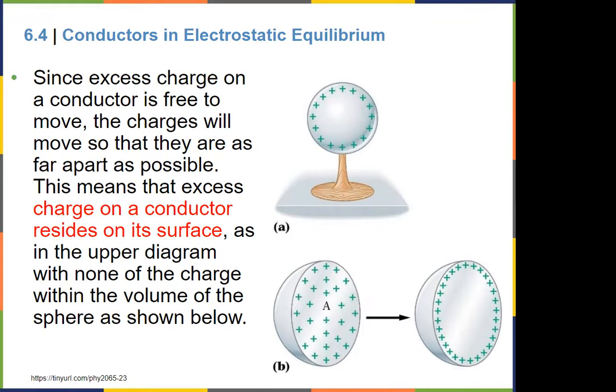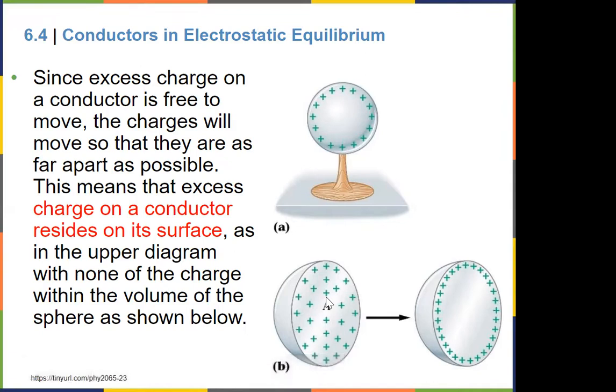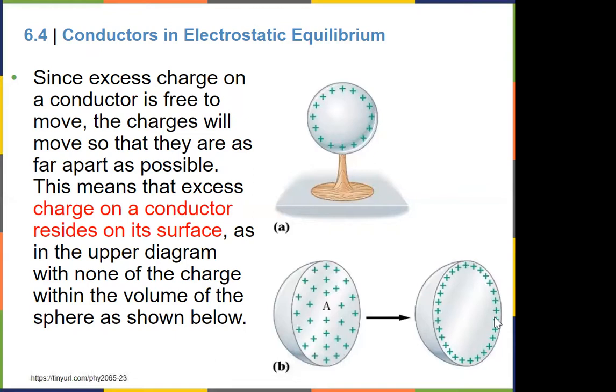If you have charge distributed inside the conductor, then they will repel each other because they have the freedom to move, right? They like to stay away from each other because they have repulsive force among the same charges, okay? So you'll see that the charge will be distributed on the surface of the conductor, not inside the conductor. Although you have a solid conductor, inside of the conductor you shouldn't have any charge because they like to repel each other, okay?